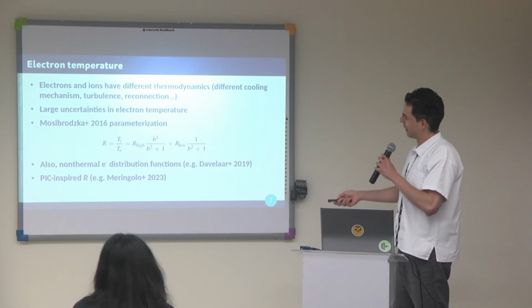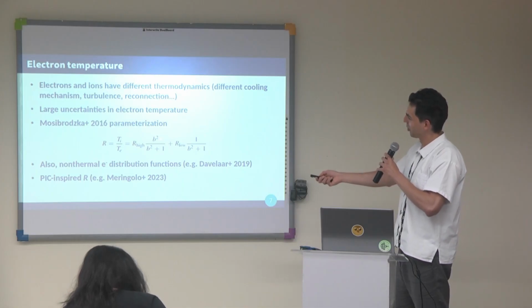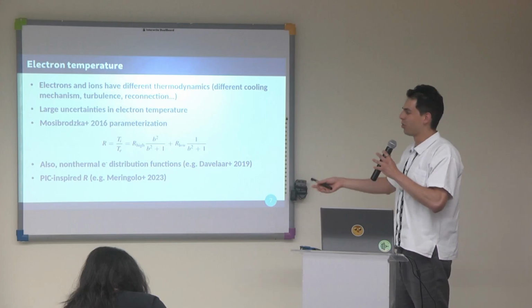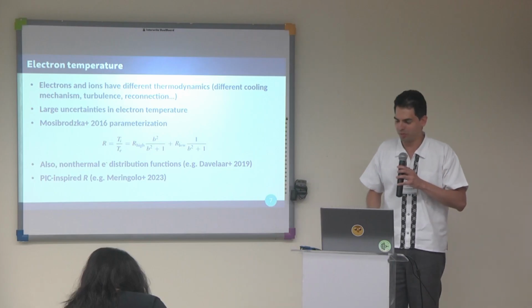So, this is still an active area of research, but it is possible that the community is moving towards calculating these ratios from first principles instead of fitting them to simulations.